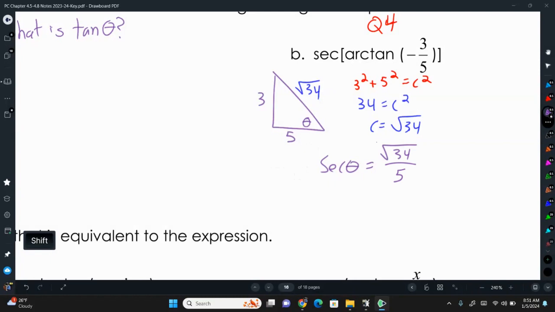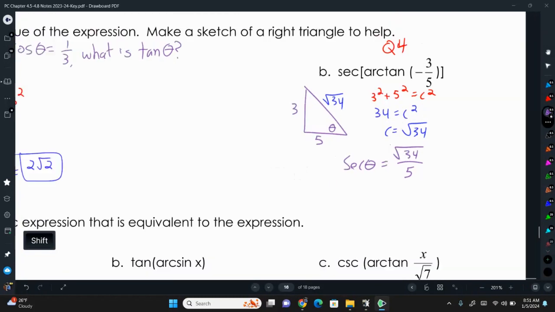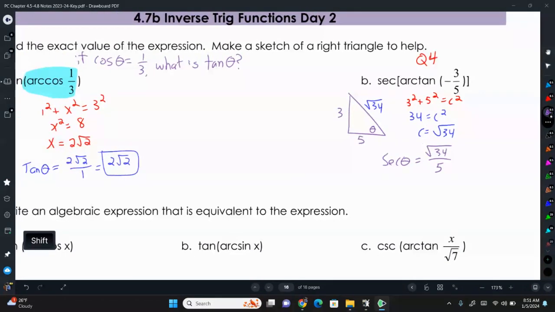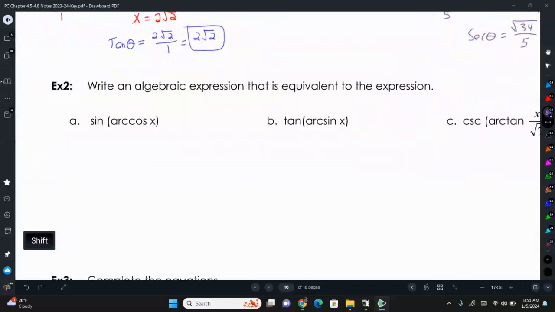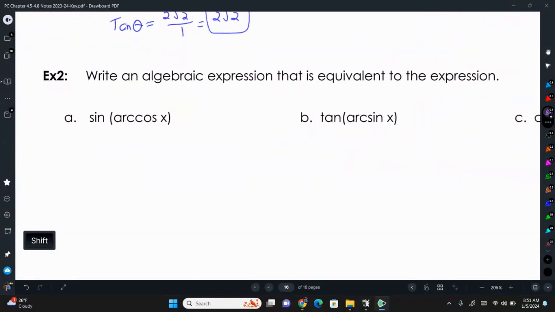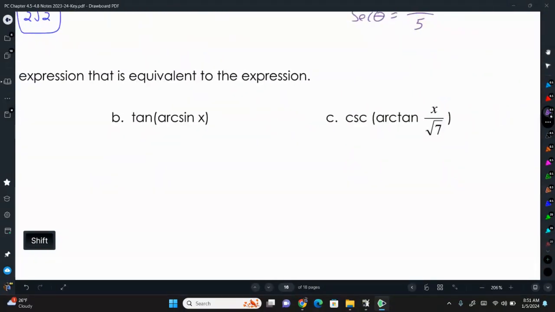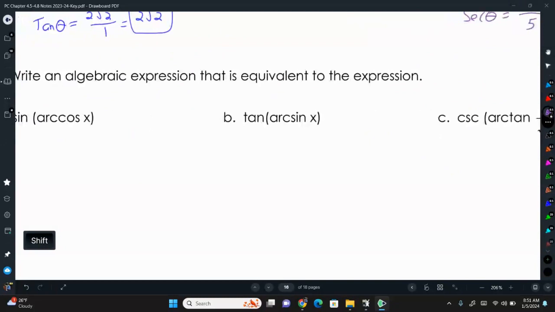Okay, so now we're going to take this idea, and we connected it to what we learned in sections 4.3 and 4.4, and now we're going to take it a step further and apply it to algebraic expressions. So notice in these problems, we have an x in all of them. So our answers are going to have an x in them.